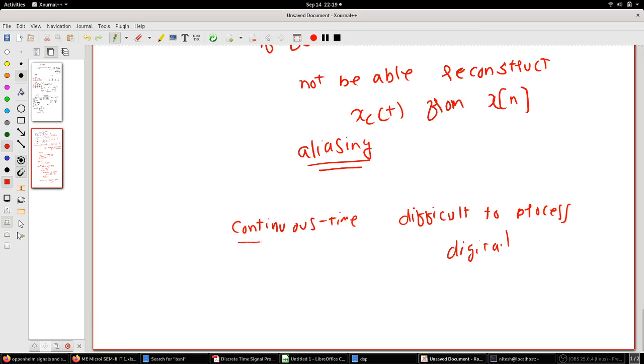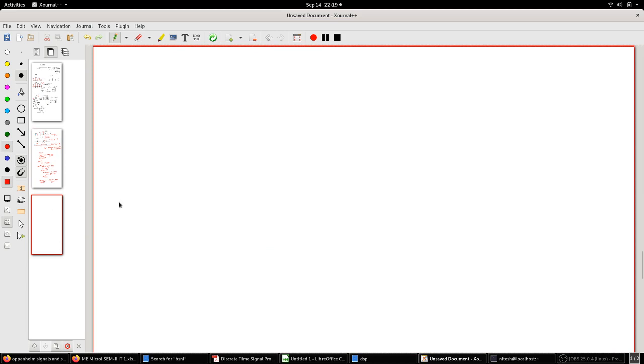But the information content is contained here in continuous time, right? We should be able to change from continuous time to discrete time, provided we are able to get the original back. Now think about a scenario where you are singing a song, okay.